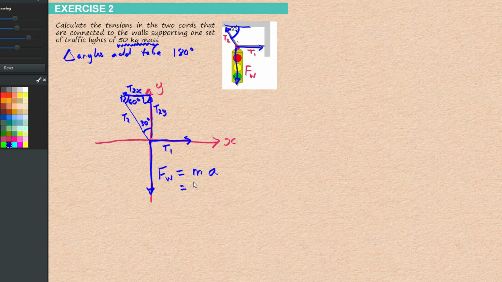So my 50 kilograms goes in there, and my acceleration is 9.81 meters per second squared, which is the gravity for Earth. And we get an answer, if we look on our calculators, of 50 times 9.81 of 490.5 newtons.